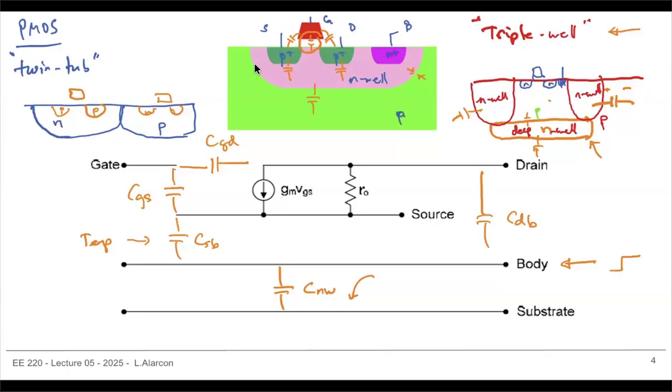Oh, by the way, for triple well, it's also very important to be able to bias this, right? So again, you put an N plus, and then you need to bias the well, because in normal operation, you don't want any of these junctions to be forward biased. So you make sure you bias everything in a reverse bias manner, because these things are not meant to be devices; they're meant for isolation.